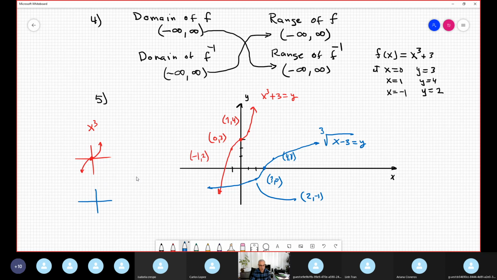The students remember very well the graph of the square root, but the cubic root is something like that. Look, this is the cubic root without transformation. In this case, the -3 is a horizontal shift of 3 units to the right because it's negative.